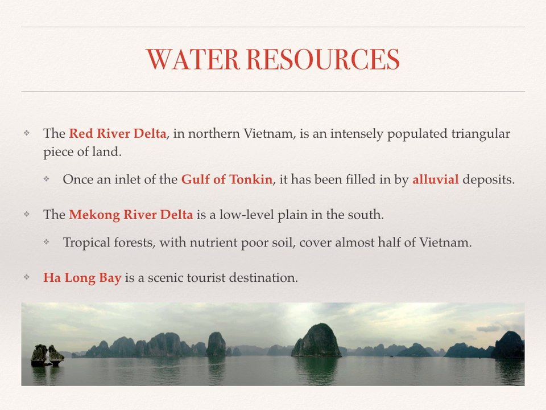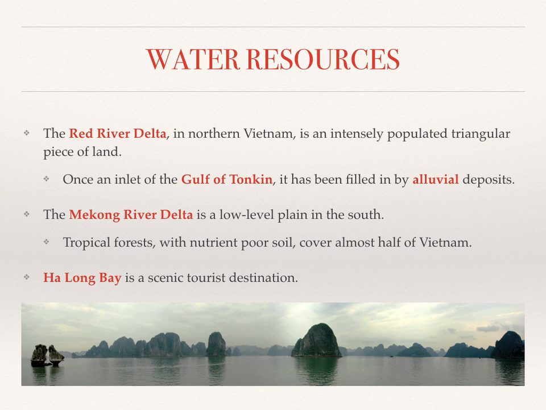Water resources. The Red River Delta is located in northern Vietnam, and it's a delta, so it means a lot of people live there, do a lot of farming. It was once an inlet of the Gulf of Tonkin, but it filled up over thousands of years with the alluvial deposits flowing downstream.